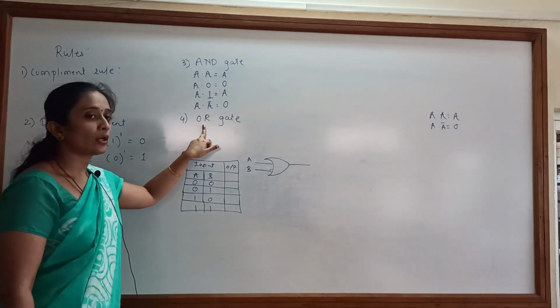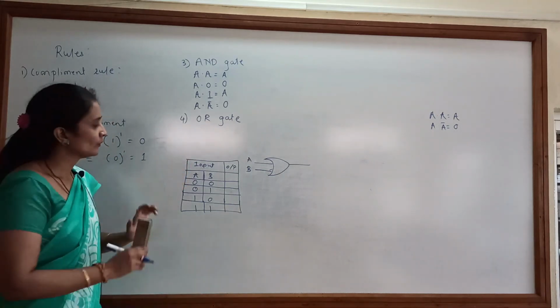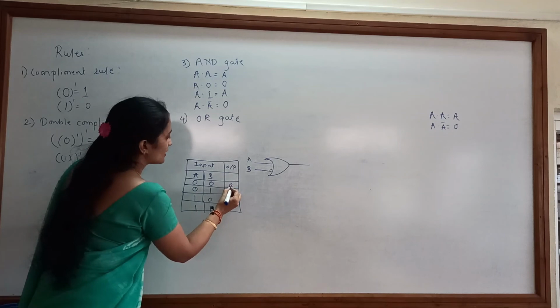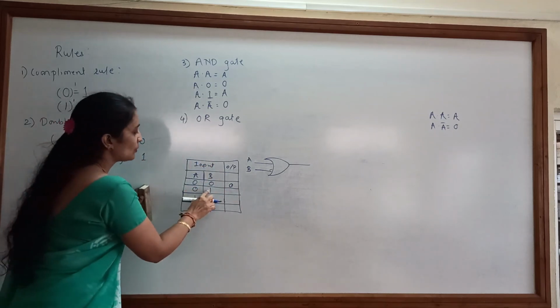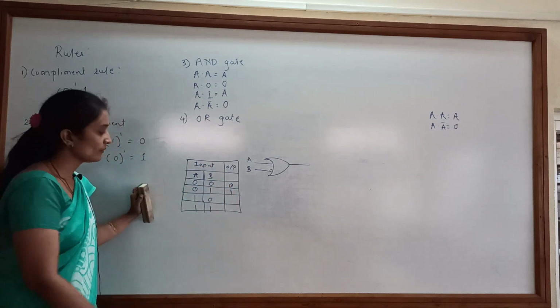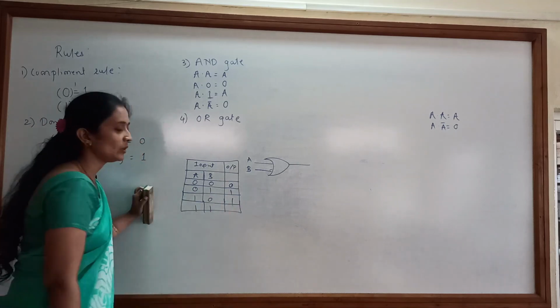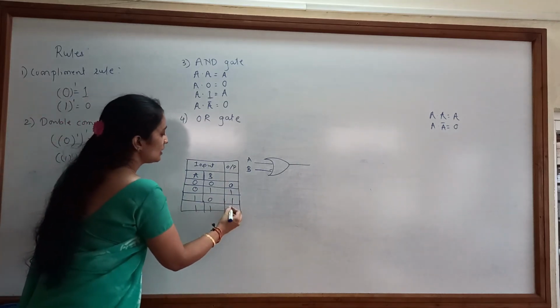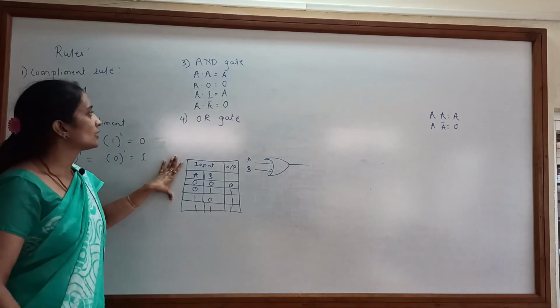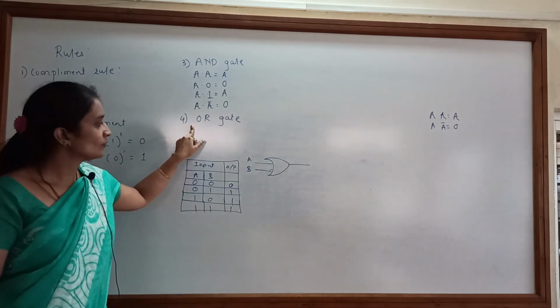What is this? OR gate is binary addition. 0 plus 0, answer will be 0. 0 plus 1, answer will be 1. 1 plus 0, answer will be 1. And 1 plus 1, answer will be 1. This is truth table for OR gate.